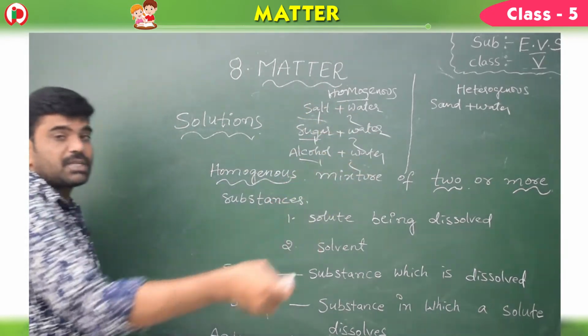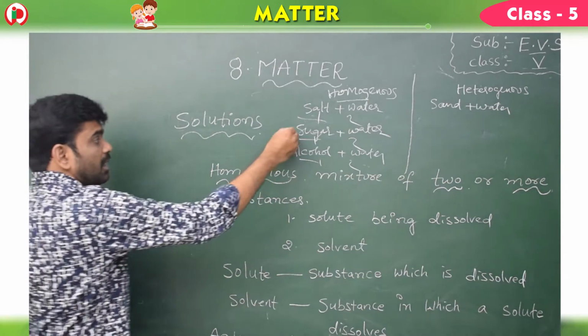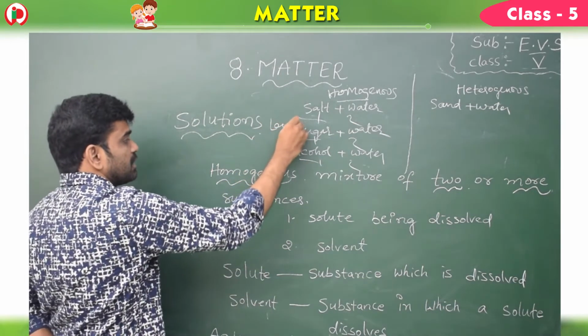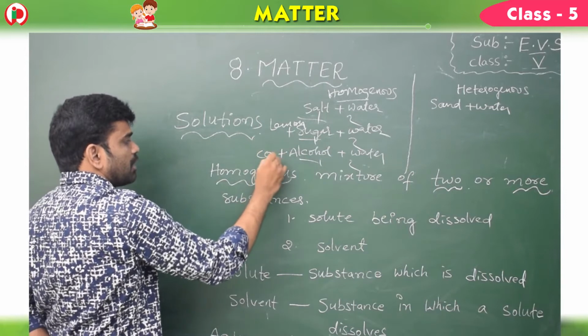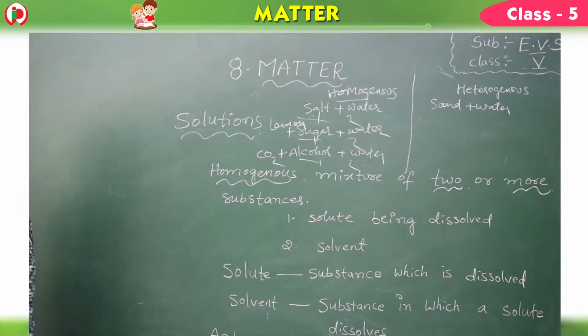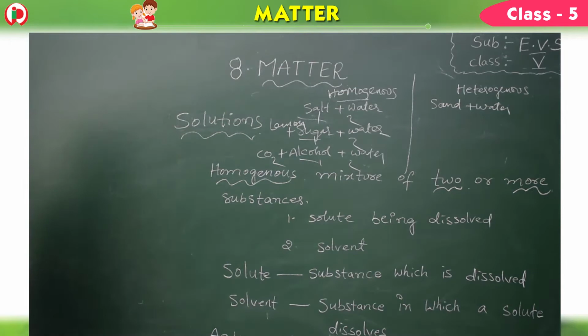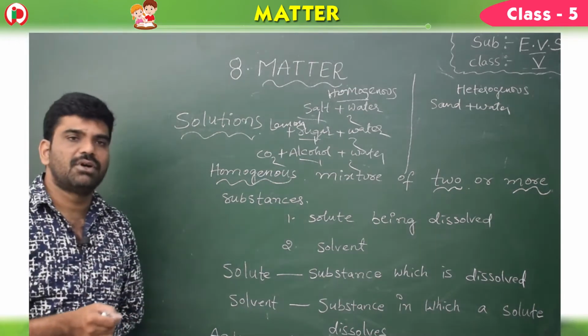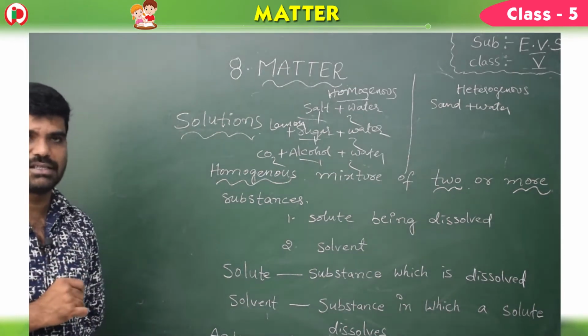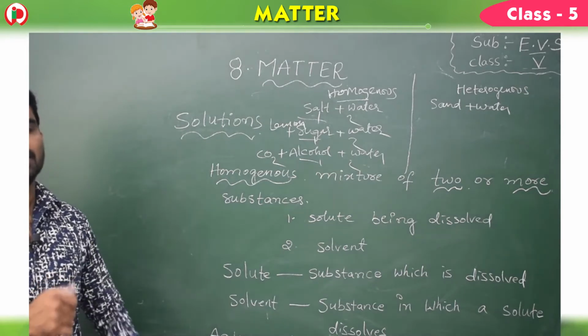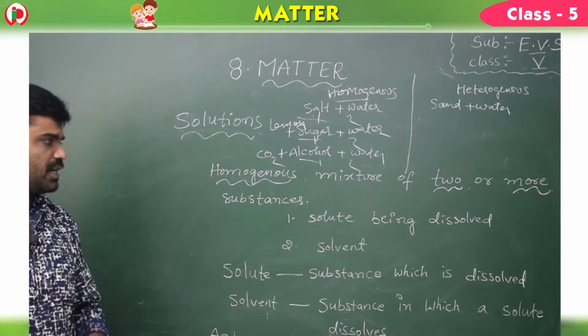But 2 or more substances sometimes. If you go for lemon here, this is the third substance. If you go for soda, carbon dioxide, this is the third substance. So a homogeneous mixture of 2 or more substances is called a solution.